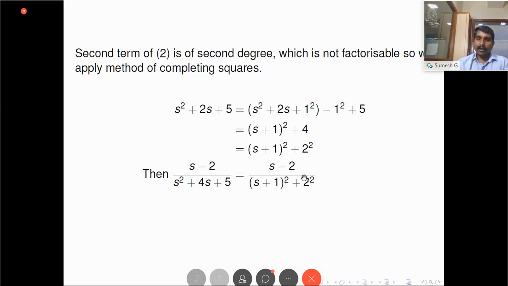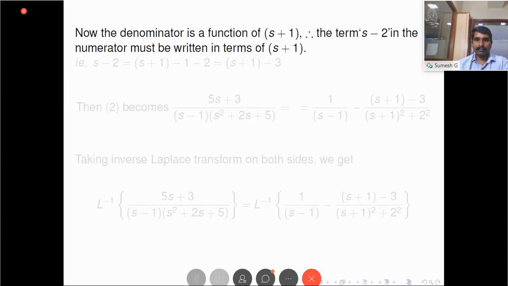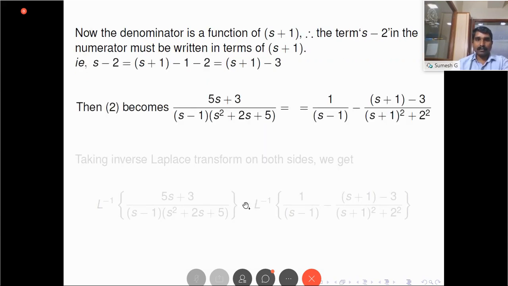Again, look at the denominator of the expression. Here the denominator is a function of s plus 1. The numerator contains the variable s, so we have to convert this s in terms of s plus 1. s can be written as s plus 1 minus 1. We substitute these values in equation 2.